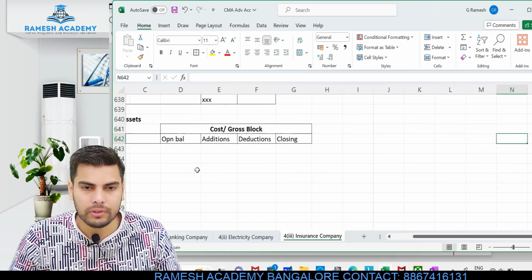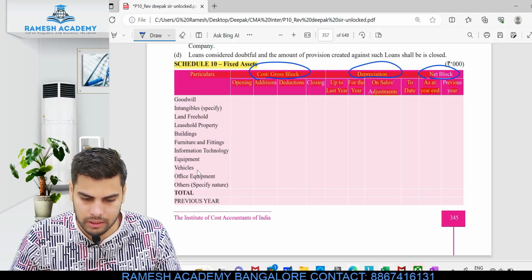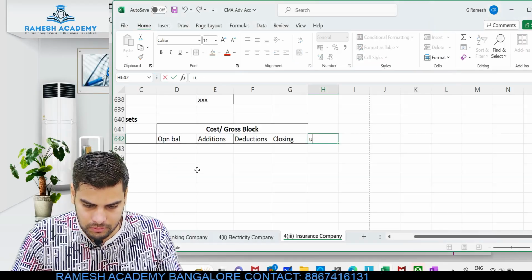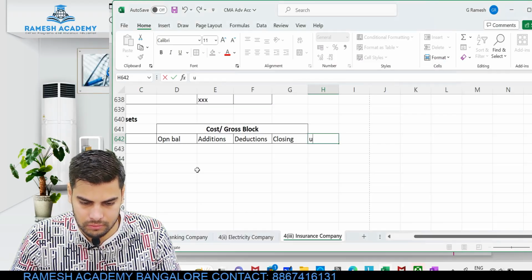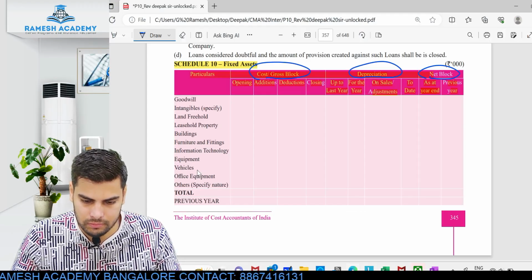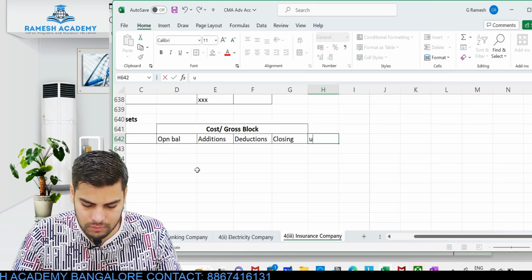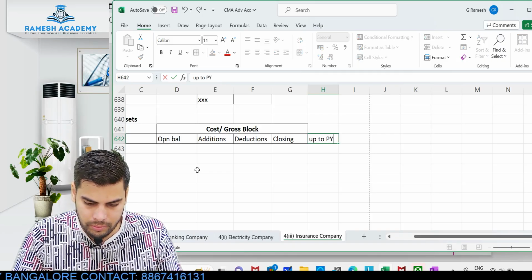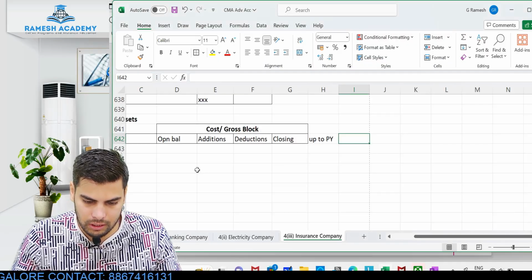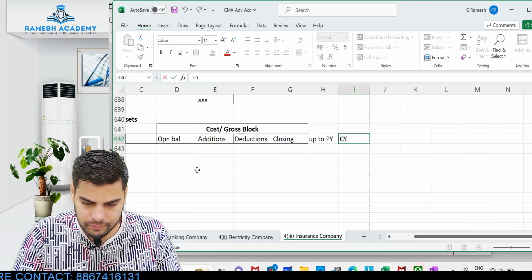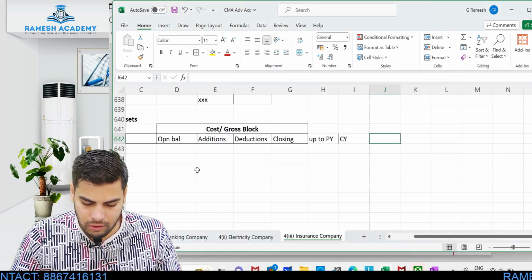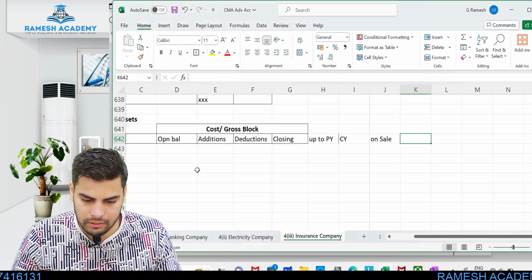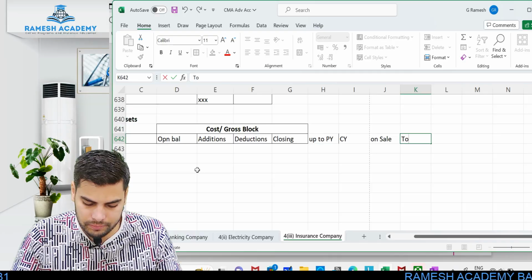Then comes the turn of depreciation. When it comes to depreciation, you will be showing up to the last year, up to previous year, then for the current year, and then depreciation on sale or adjustment, and then total depreciation.